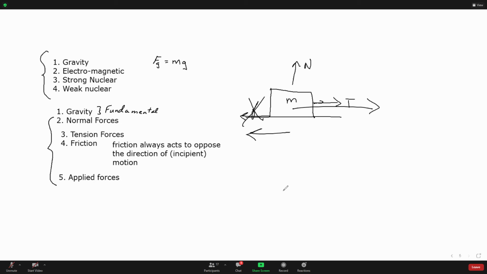Let's see. There are some restrictions on Newtonian mechanics. And those restrictions are this. First restriction is that we have to be in an inertial reference frame.